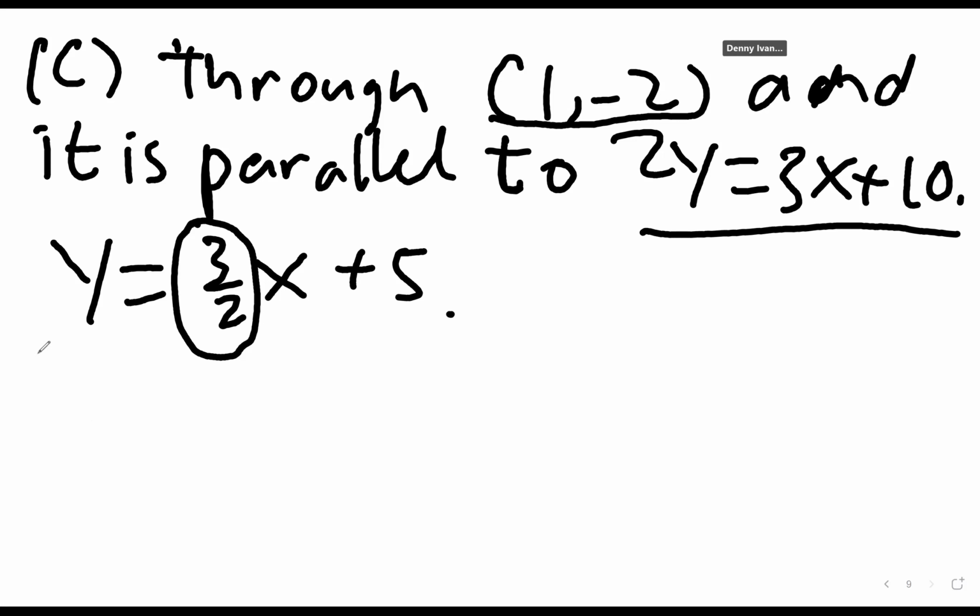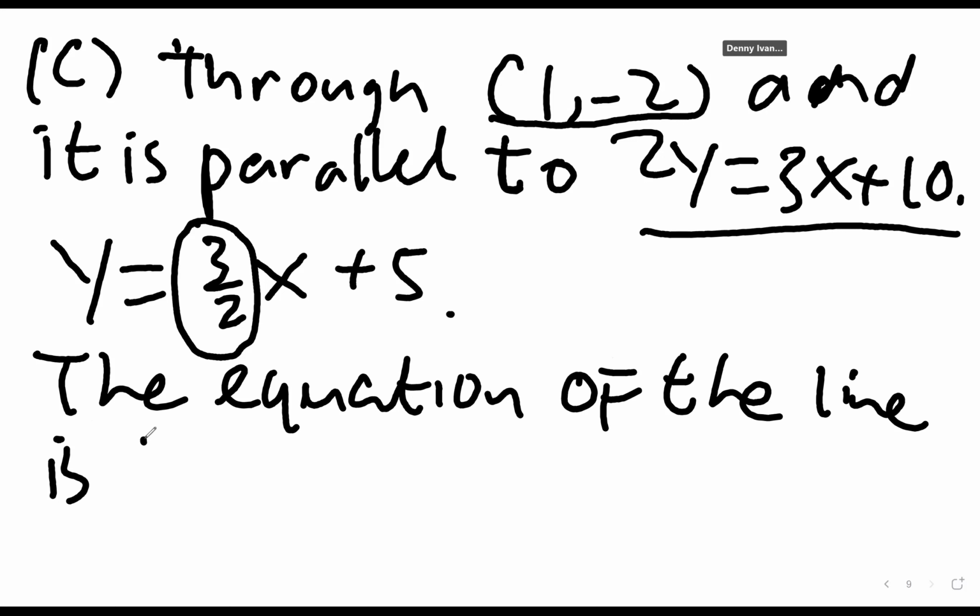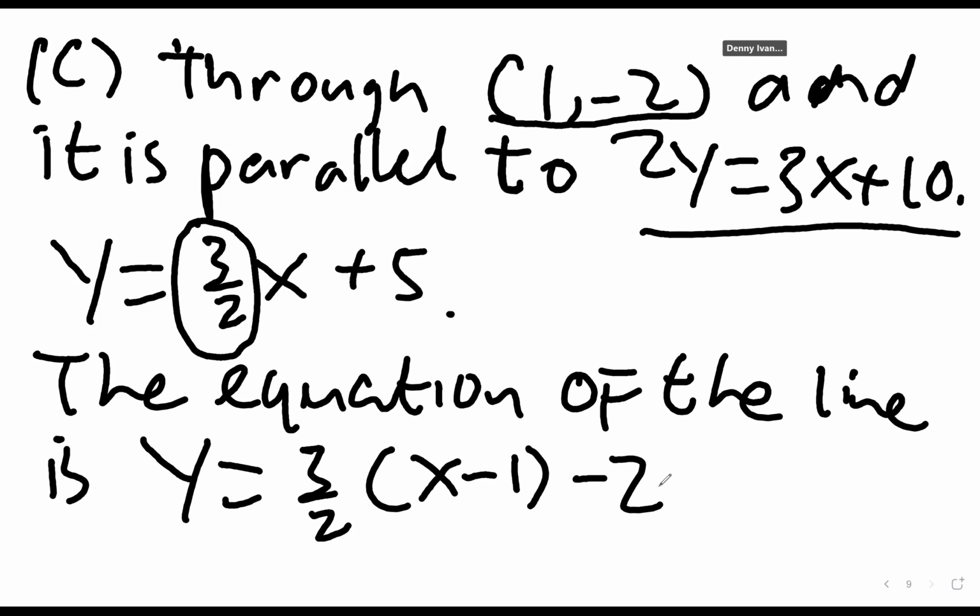So I will write it completely. The equation of the given line is y equals 3 over 2 times x minus 1, minus 2. Of course, you can simplify it. So this equals 3 over 2 x minus 3 1 over 2. Okay, so that's the equation of the line.